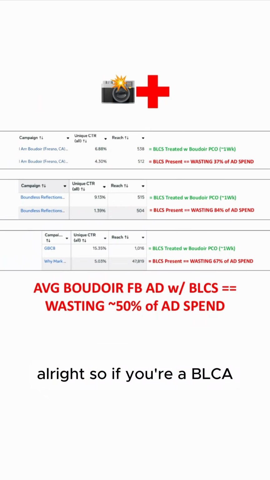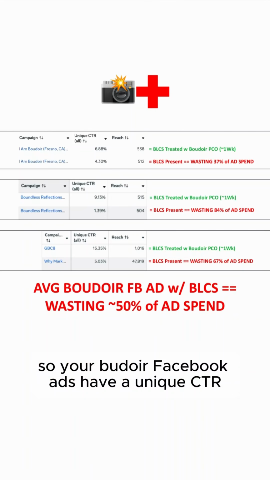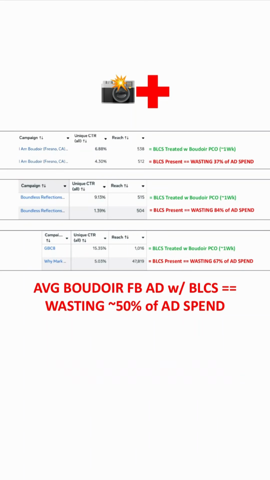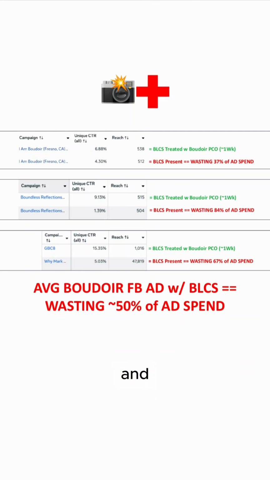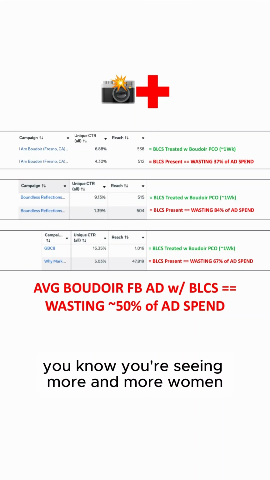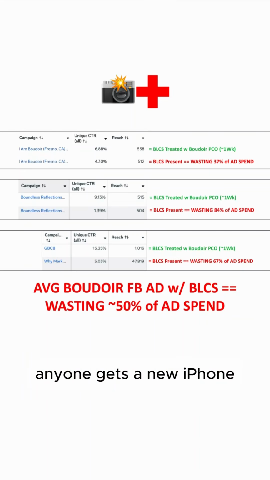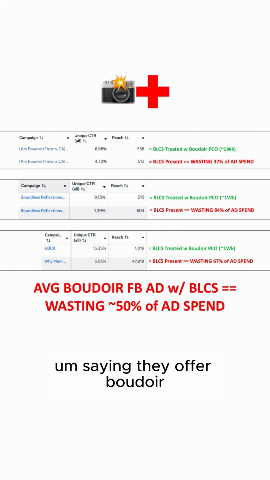All right, so if you're a BLCA with BLCS, so Boudoir low click advertiser with Boudoir low click syndrome, so your Boudoir Facebook ads have a unique CTR under 6%, and you're spending more than 10 grand a month on Boudoir Facebook ads, and you've looked at the marketplace, seeing it get more saturated in your city, and you're seeing more and more women, it seems like anyone who gets a new iPhone is throwing up a new Google My Business profile over on Google Maps, saying they offer Boudoir.